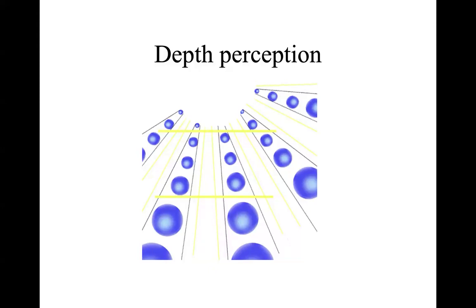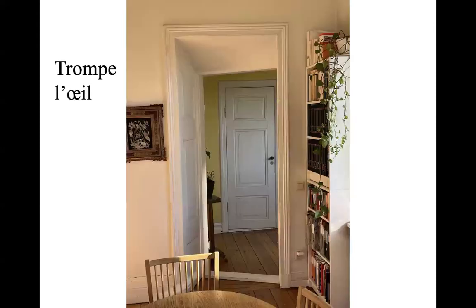And I just played around with architectural ideas on this. There is this old idea of trompe-l'œil where you create something that fools your eye. And this is actually a photo from my own apartment where I'm sitting at the moment. This floor was designed by one of the most famous Swedish architects, Helge Zettervall, at the end of the 19th century.